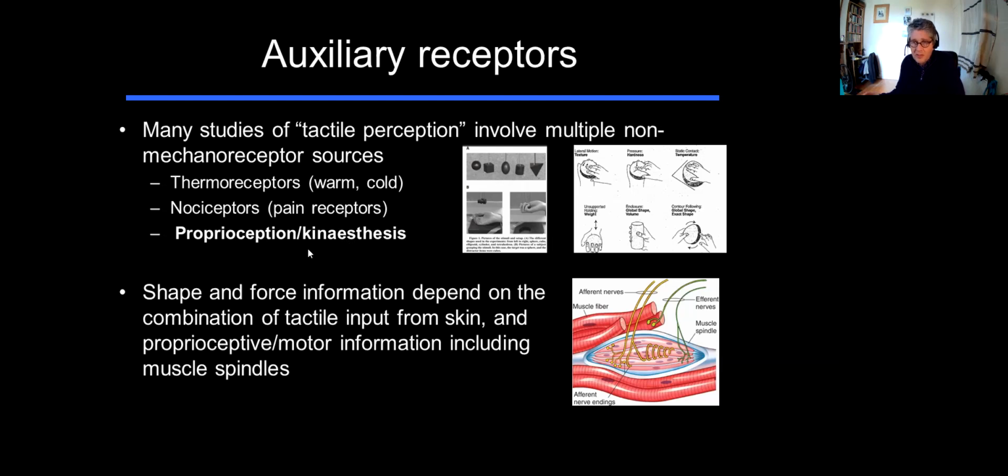So first of all, let's start with the receptor. It's always good to start with the receptor. So this is actually a muscle. This is nothing to do with the skin at all. Inside the muscle, you have fibers that contract, and you have other fibers called spindles, which can't be contracted voluntarily, but which are actually sensory fibers. They're not motor fibers, they're sensory fibers, and they have a sensory ending wrapped around them.